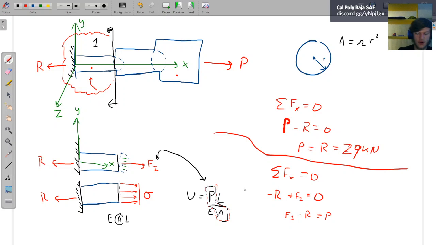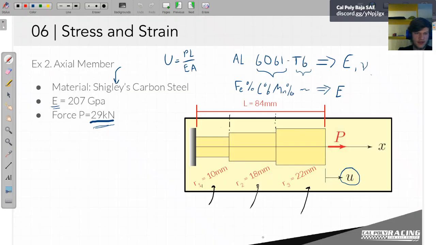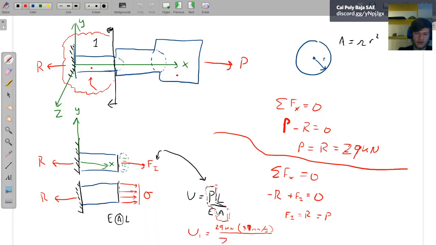So for section 1, we'll say U1 equals this R, which is P, which is F1, which we already know is 29 kilonewtons, times the length, which is 84 millimeters over 3, divided by E, which was, I think, 207 GPa, times the cross-sectional area, pi r squared, which is 10 millimeters squared.